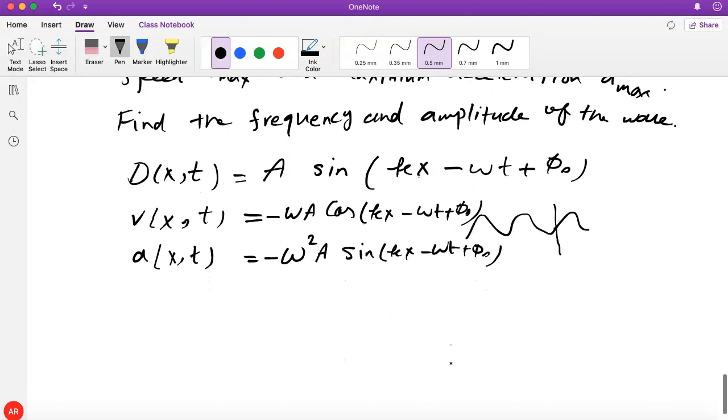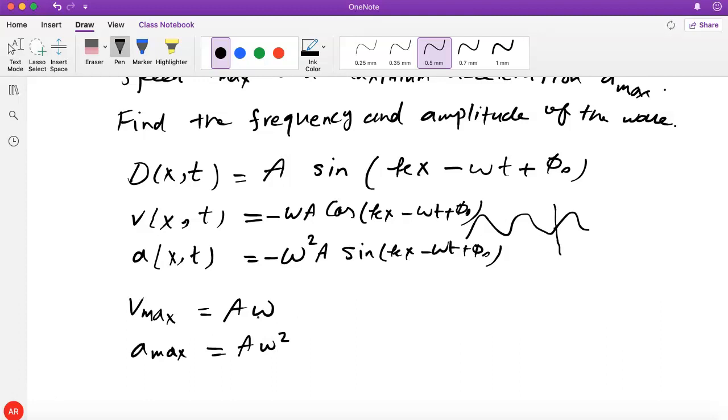And time keeps moving, so these sines and cosines as a function of time, regardless of what x is and what phi naught is, will fluctuate within a range of -1 to 1, right? So therefore the maximum speed will be a omega, and the maximum acceleration we can read off from here is a omega squared.